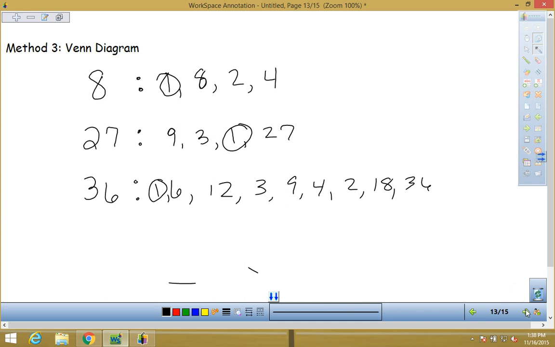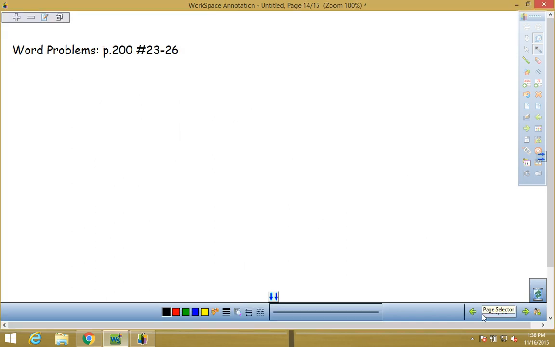Nope. Okay. I want you to look at page 200. We're going to look at a couple of word problems together before I let you work independently. Do this quickly, page 200.